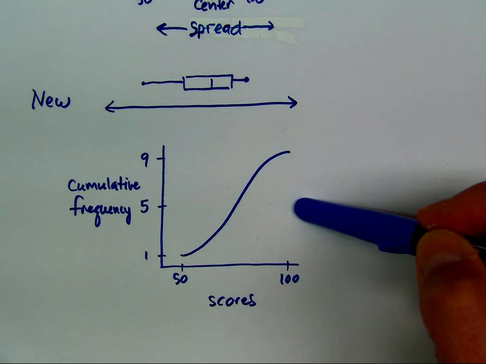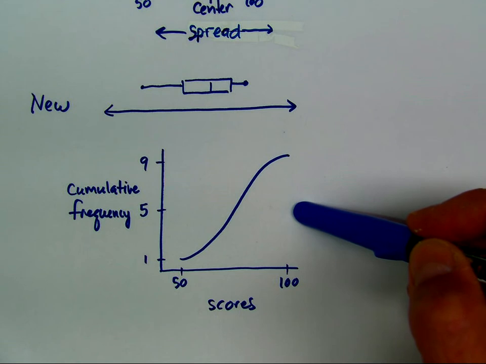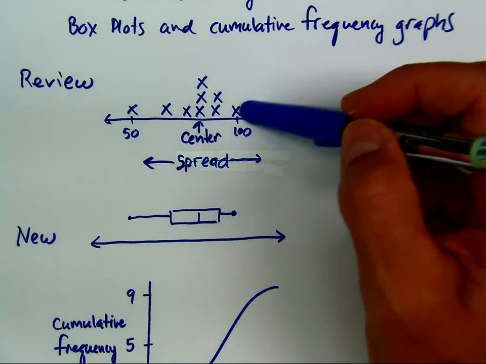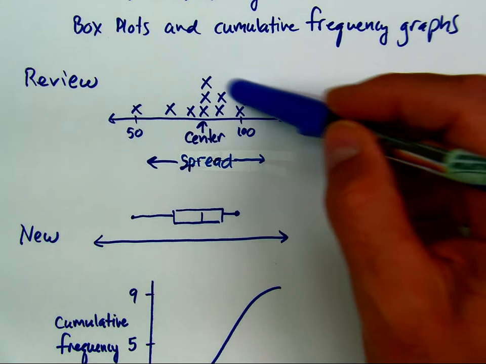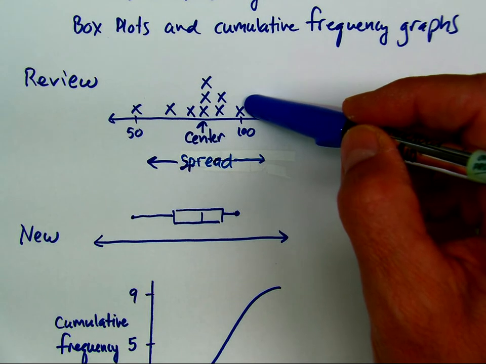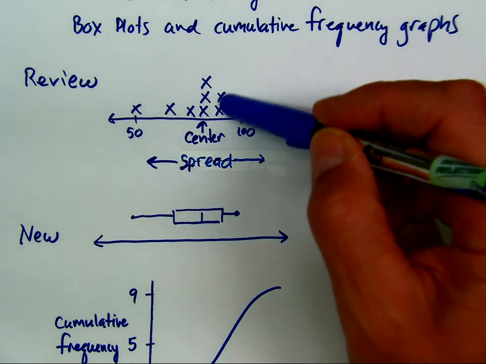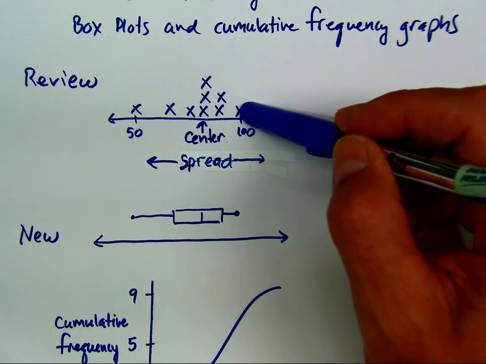We have another way of looking at quartiles and medians with the cumulative frequency graph. What's different about this one is that here we don't identify frequencies on this graph. We would have to count all the scores.